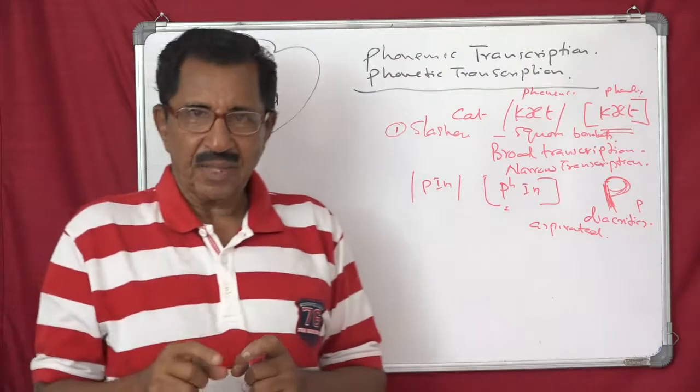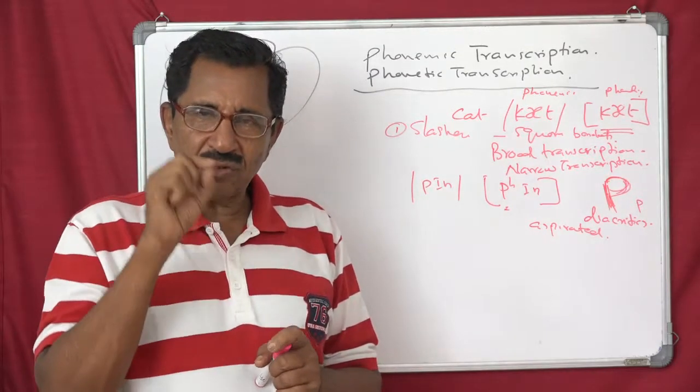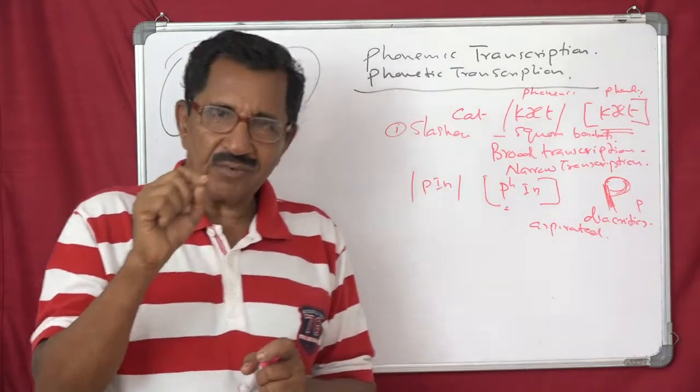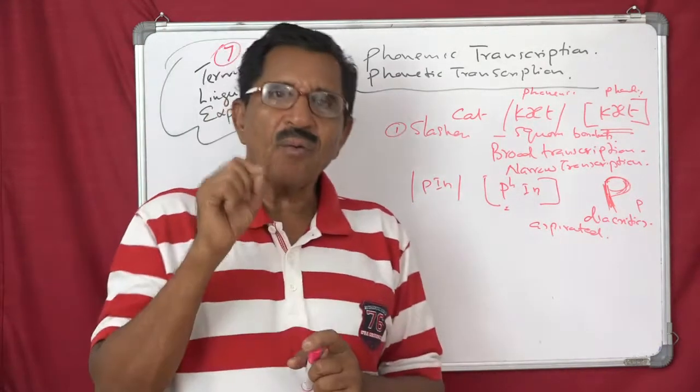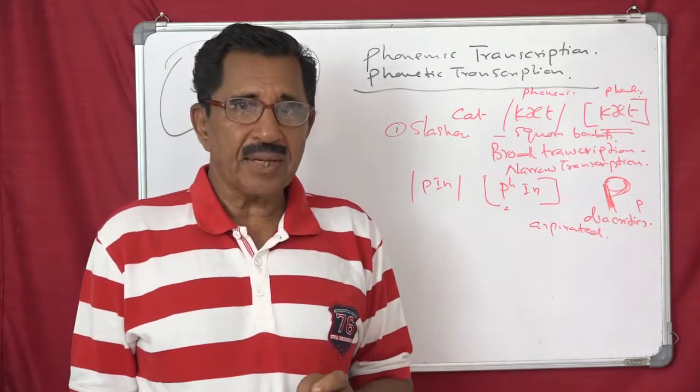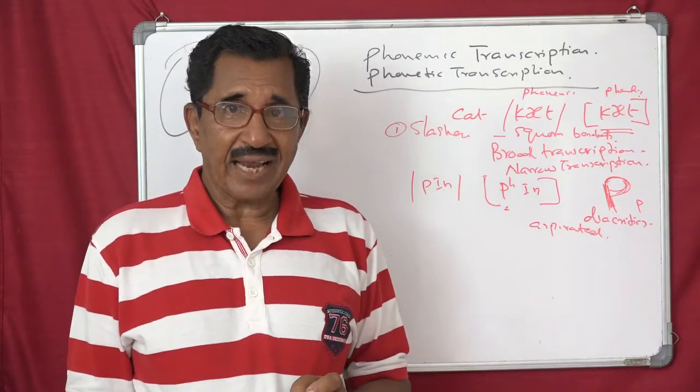This means when a voiceless plosive sound is written at the beginning of a word, it is always aspirated. For example, we say pin, tin, kin.